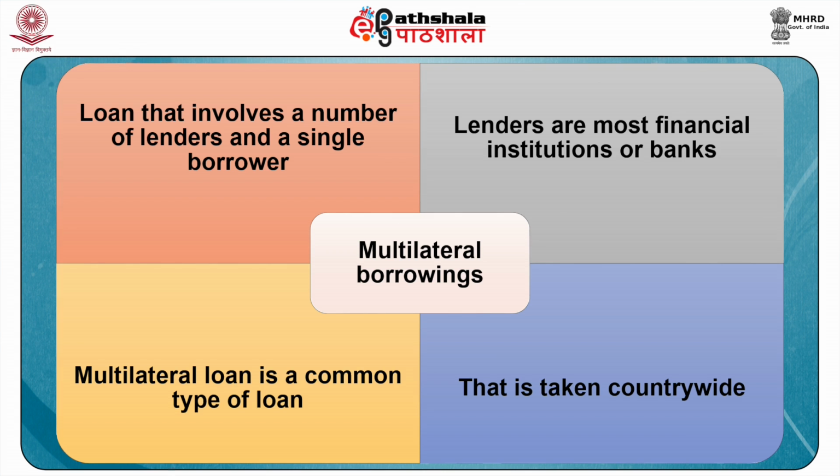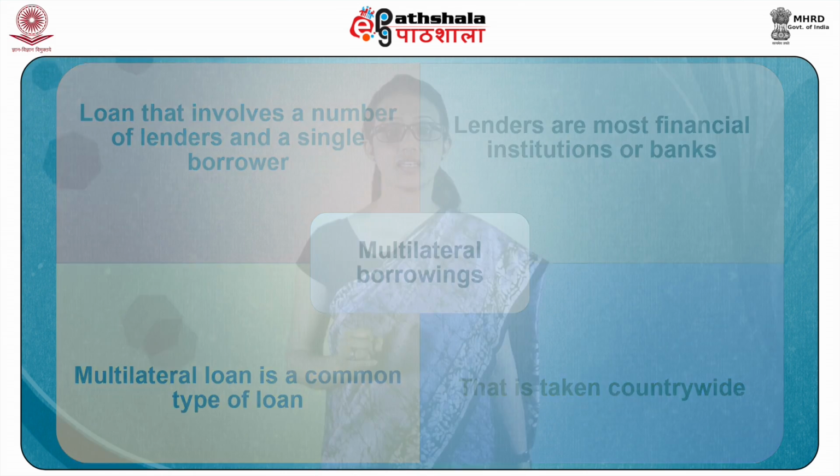Multilateral loan is a common type of loan that is taken countrywide. Second is bilateral borrowings. A bilateral loan is a kind of loan that involves a single borrower and a lender. The lenders are usually banks or other financial institutions. And third type of external loan is loans from IMF, World Bank, etc.